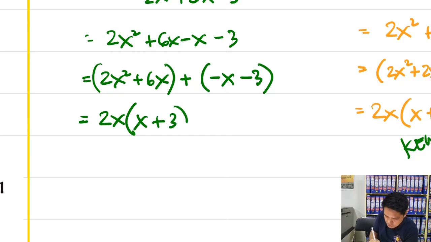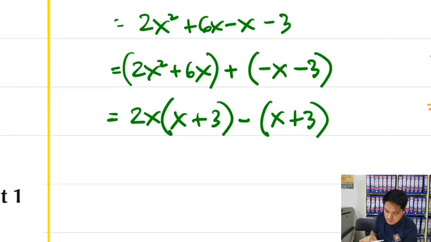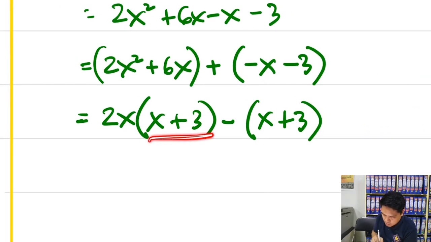So plus 3. And here, I could take out negative 1 so the negative sign comes out. So that would be minus, I took out negative 1, so this will become positive x and positive 3. Right? So if you notice, they are the same now.